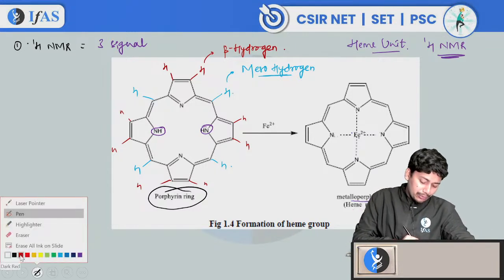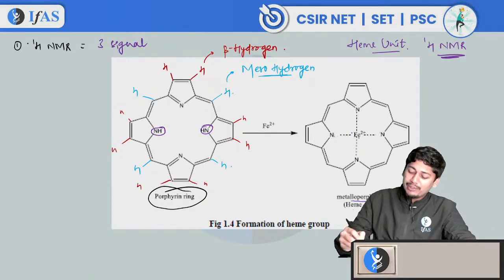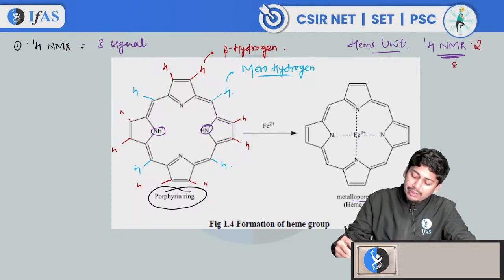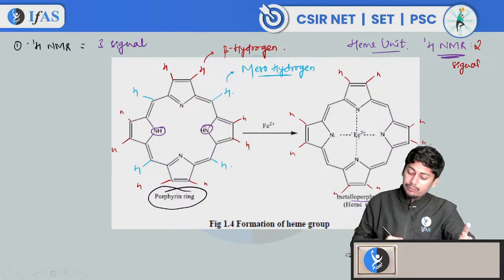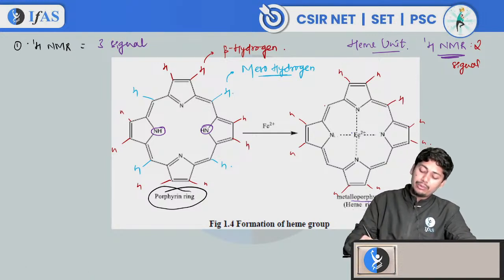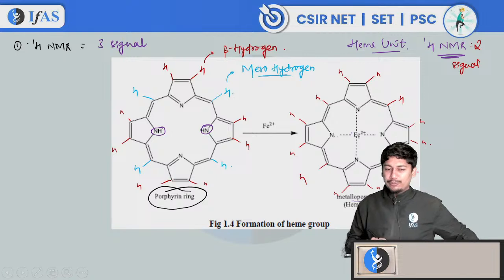So here you will observe how many signals? 2 signals only, sir. For the beta hydrogens, 1, 2, 1, 2, 1, 2, and one more signal for the meso hydrogens, and this is how your heme ring is formed.